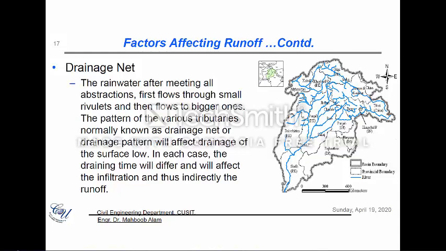So if you have a very dense, complicated drainage net, and there are a lot of streams and canals which are diverting water from, let's say, east to west or from west to east, then these things would also ultimately affect the total runoff.